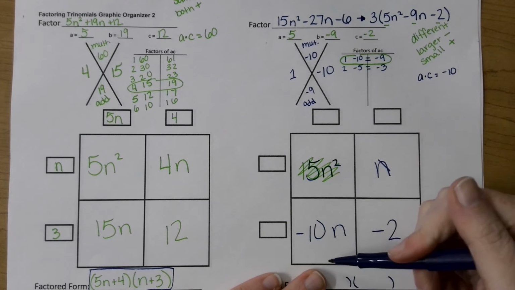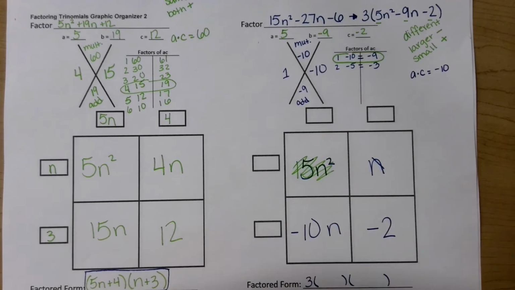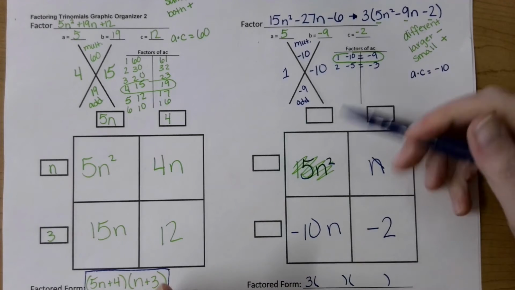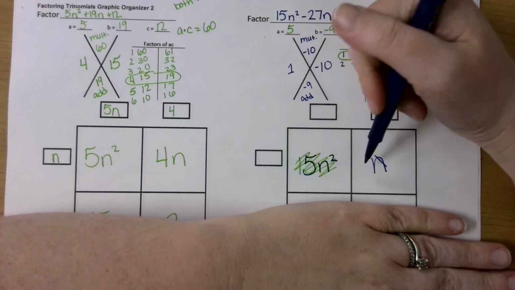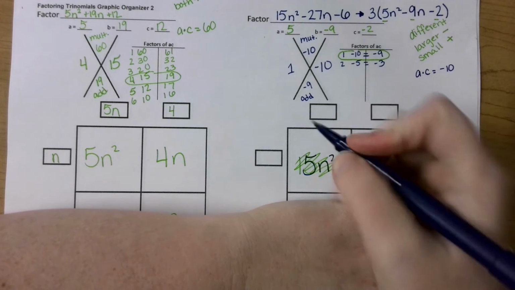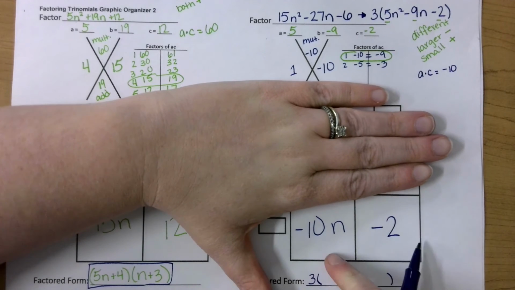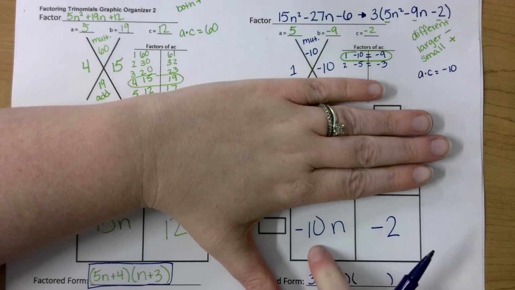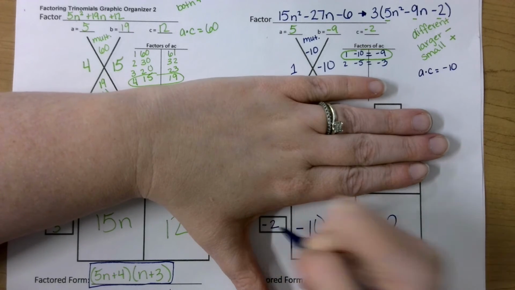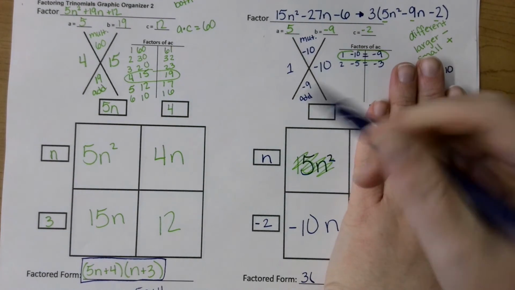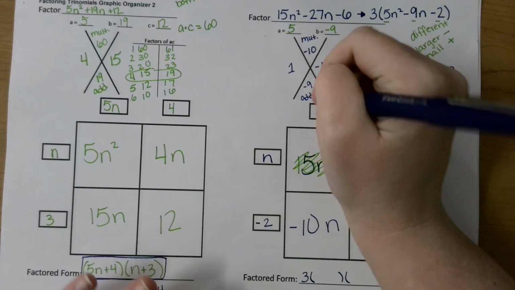Okay, so we're going to divide. So let's go with this column, and it doesn't matter which order you go in, just make sure you've done each column and each row. So we'll do this top row. So 5n and n, the only thing that they share is an n, so I can factor out an n. -10n and -2, they both have a negative, and they can both be divided by 2. 5 and 10 can both be divided by 5, and they each share an n, so this is going to be 5n.